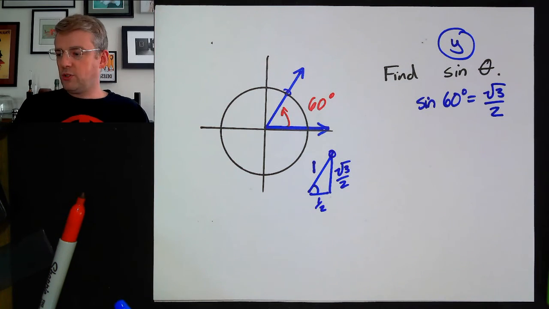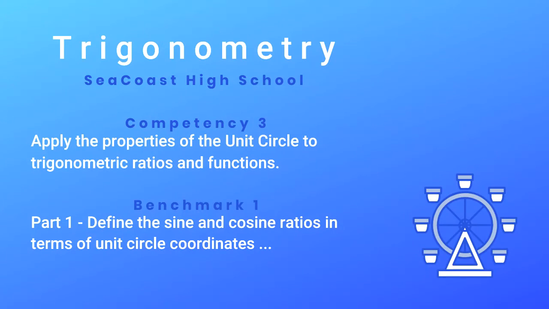So these are almost as easy as multiple choice, because when we've defined the sine and cosine ratios in terms of unit circle coordinates, we're just talking about the x and y values of the point on the circle where our angle would make that triangle. So the cosine is the x value of the point, and the sine is the y value of the point.